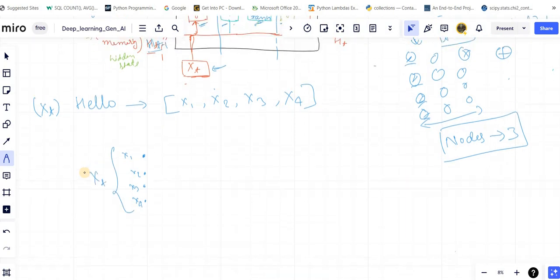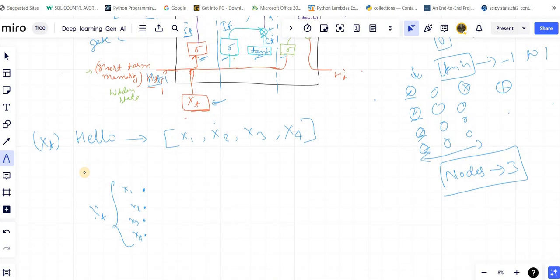If we selected the node as 3, then the dimension of this ht will also be 3, and the ct will also be 3. Remember this part: if we take the number of nodes as 3 for that neural network, the dimension of ht minus 1 is the same as the number of nodes, and also the ct minus 1 dimension.